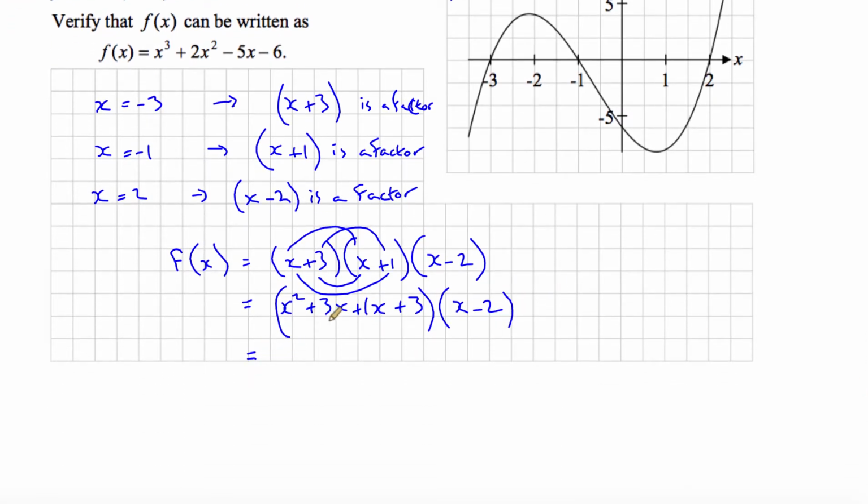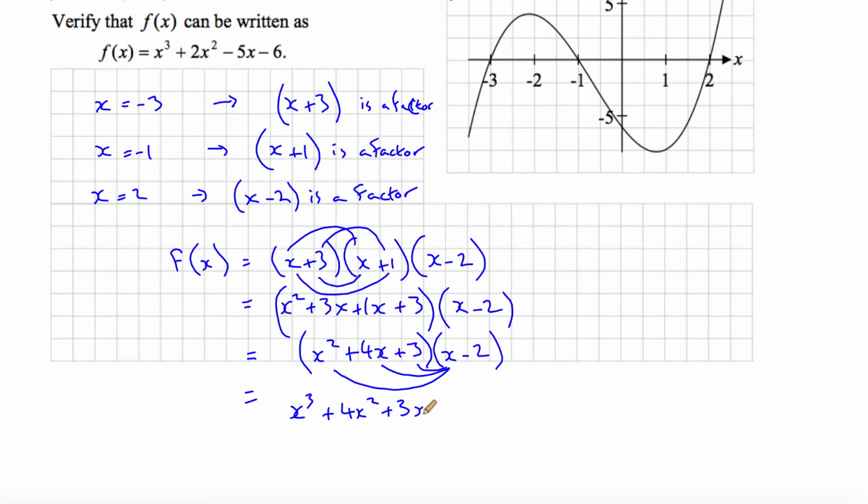So when we tidy this up, it gives us x squared plus 4x, 3x and the 1x, plus 3, by the x minus 2. So now we're going to multiply the x by x squared, gives us x cubed, x by 4x is 4x squared, and x times 3 is 3x.